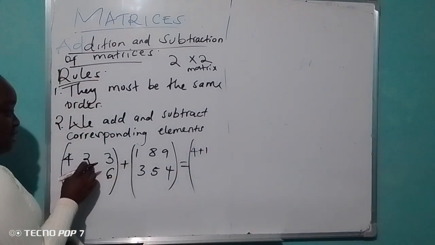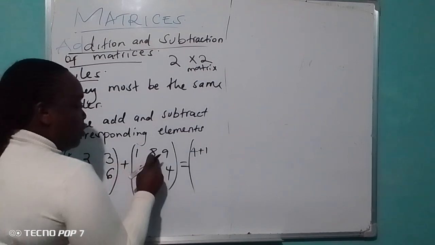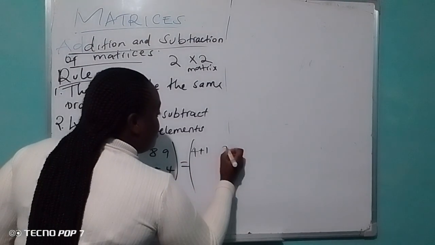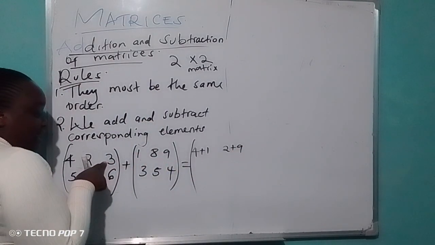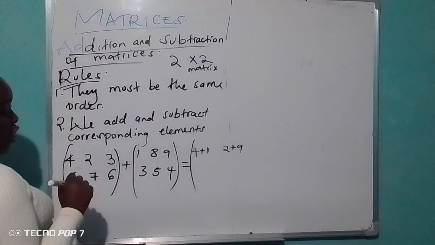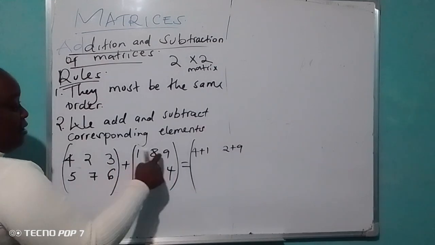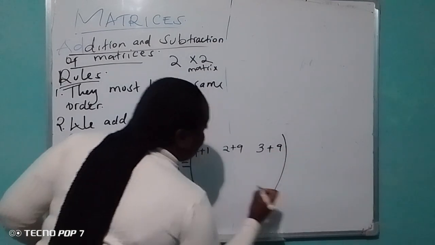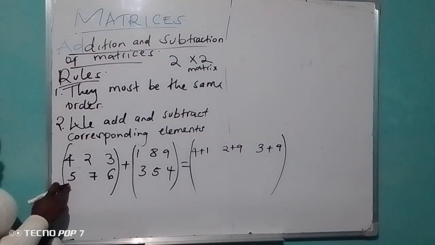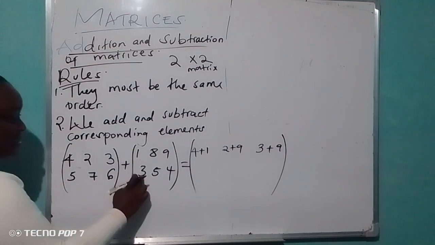Then we come to the first row, second column, which is 2, and this one is 9. So 2 plus 9. Then the first row, third column, it's 3, and this other side is 9. So 3 plus 9. We come down. The second row, first column, 5 plus 3.